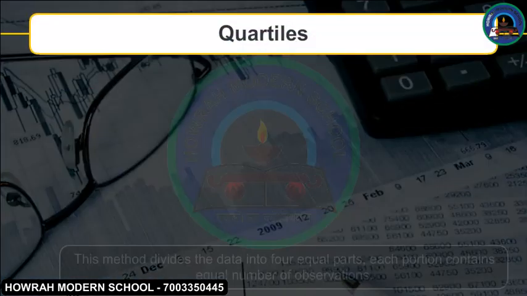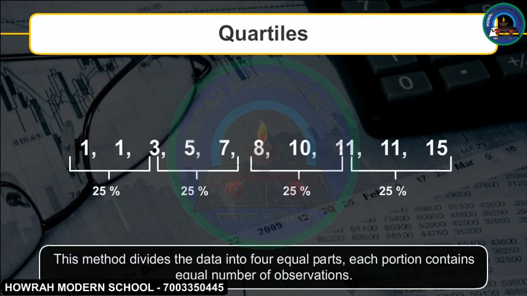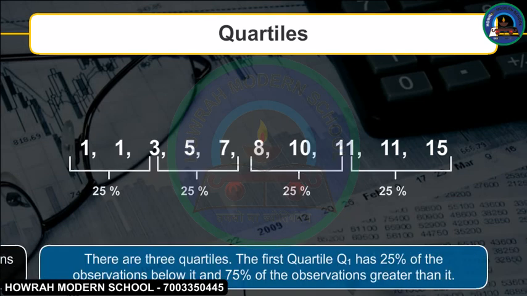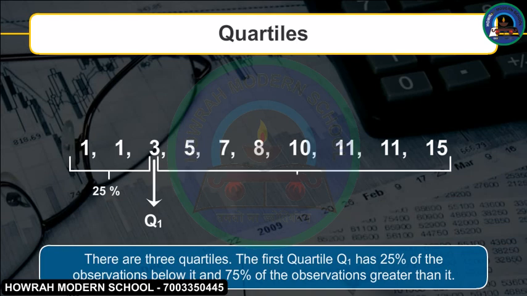Quartiles. This method divides the data into 4 equal parts. Each portion contains an equal number of observations. There are 3 quartiles. The first quartile, Q1, has 25% of the observations below it and 75% of the observations greater than it.